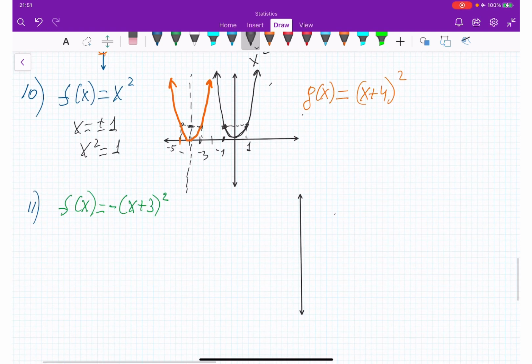So this is -1, this is +1, here is also 1. Those are my points it's going to go through.